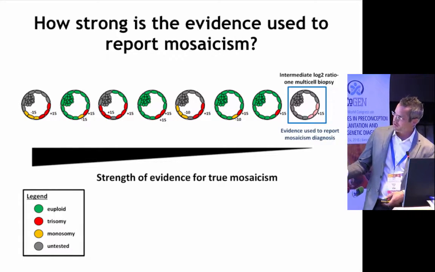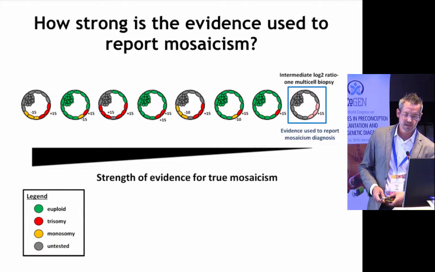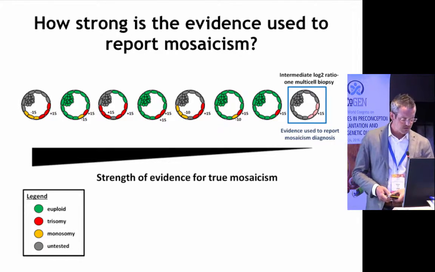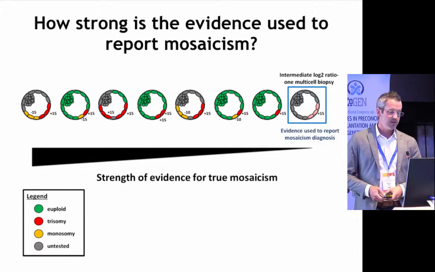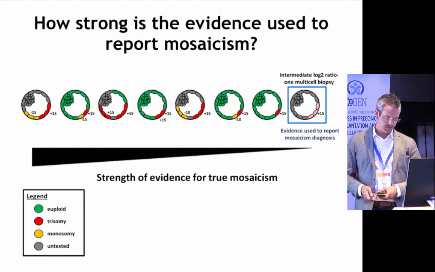Or at the single cell level, you can also have confirmation in 2 different biopsies of the same abnormality. All the way down to what we see here, which is what's being used clinically, and this is sort of intermediate ratios that fall in a so-called mosaic range. This is the evidence used to report mosaicism in current practice, and it's actually the weakest evidence for whether or not there's mosaicism actually present in the embryo.